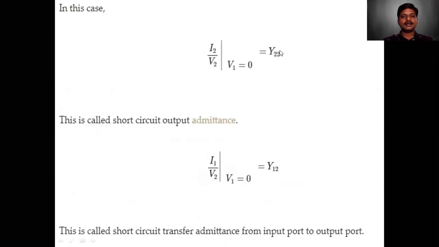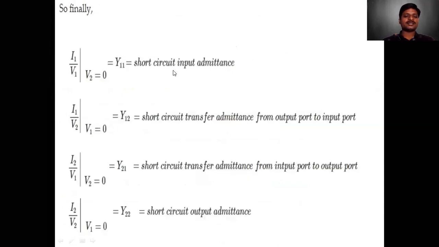Also, you have names for these admittances. First, Y11 is called short circuit input admittance, or driving point input admittance. Next, Y12 is called the transfer admittance from the output port to the input port, which means reverse transfer admittance.